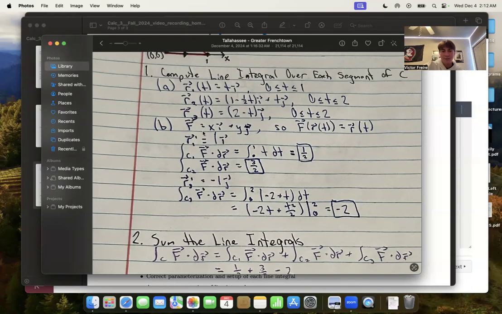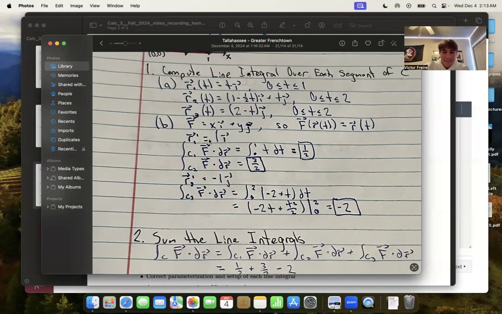Because F is equal to xi plus yj, right? We already went over this in the last problem. So r prime of t for line segment 1 is 1i.